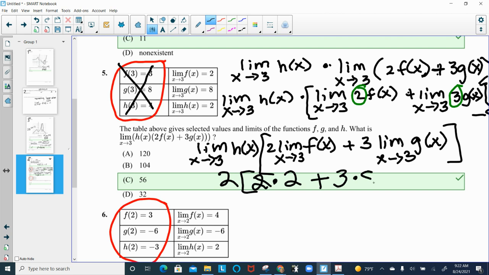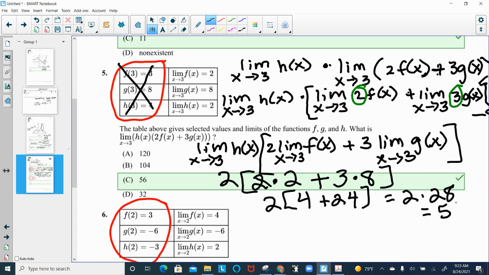Well, that's 8. So now we just have to do some math and remember our order of operations. We'll have 2 times 4 plus 24 is 2 times 28, which is 56. And that's where that comes from.